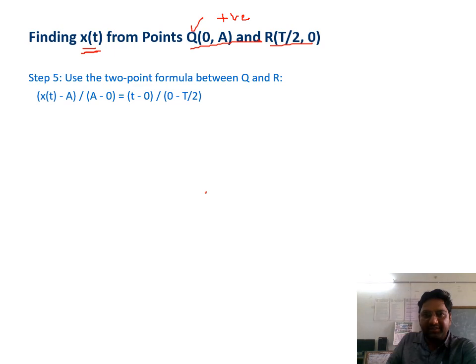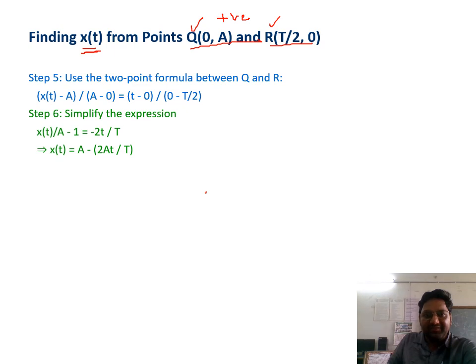After simplifying, I arrive at the conclusion that x of t is A minus 2A t by capital T.